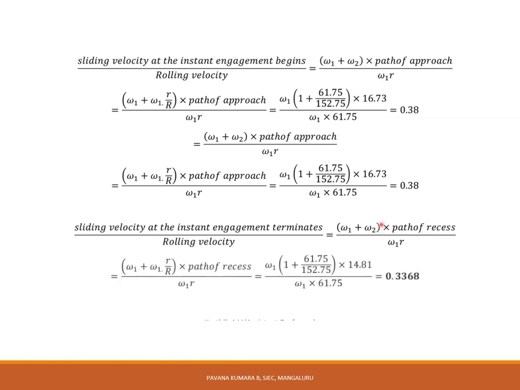Here also write omega 2 in terms of omega 1, then they cancel each other, but here it is capital R, this is small r, that is the difference. The difference is path of approach as well as path of recess: for engagement begins, path of approach, for terminates, path of recess. Then you will get the answers. Then sliding velocity at pitch point: at the pitch point there is no sliding, so that answer is 0.